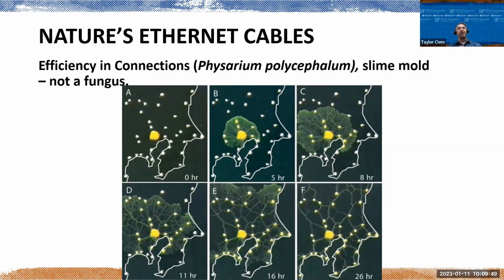So it's not just a chaotic branching of fungi. In some situations, like in this example, this is slime mold, which isn't a fungus, but we see it grow and spread and it creates a very efficient connection. So in nature, we're looking for optimization of efficiency. Think about a plant that's trying to photosynthesize.